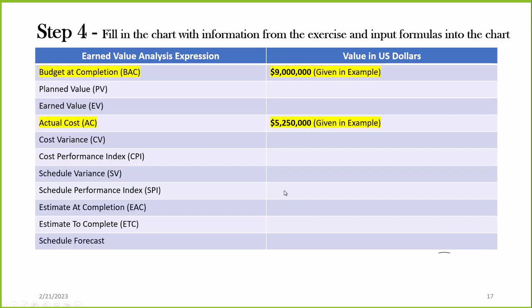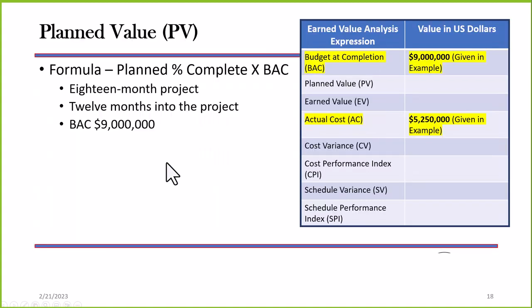So we've established what the actual cost is and what the budget at completion is. Our next step is going to be to calculate plan value. The formula for plan value is the plan percent complete times the BAC. Now, it's an 18-month project, and we're 12 months into the project.